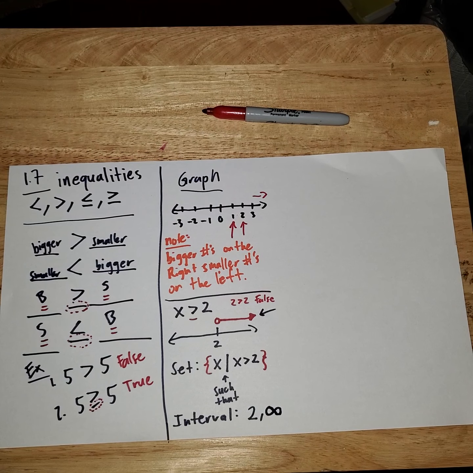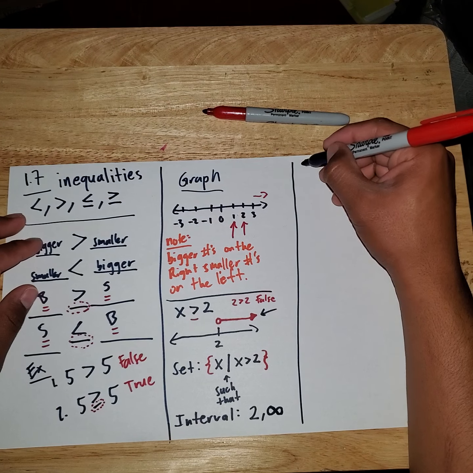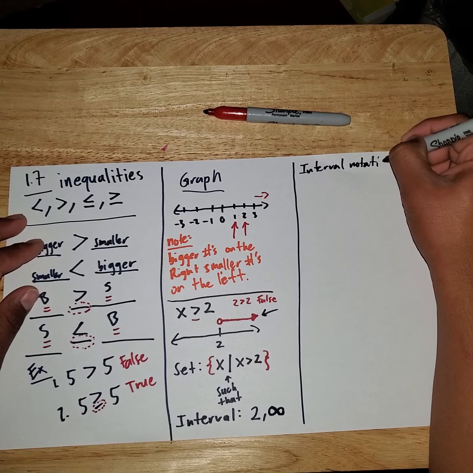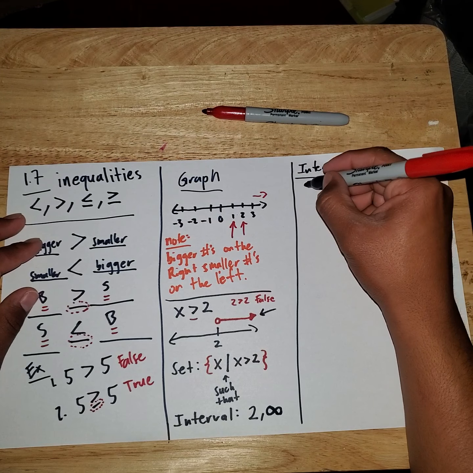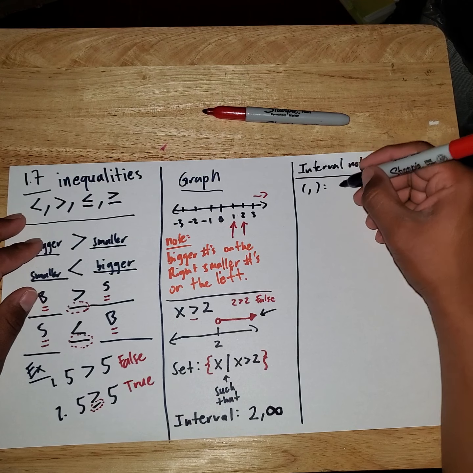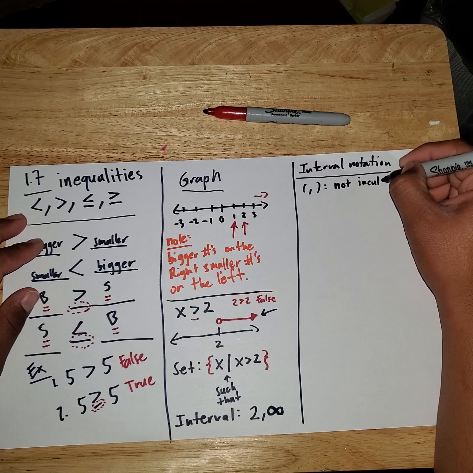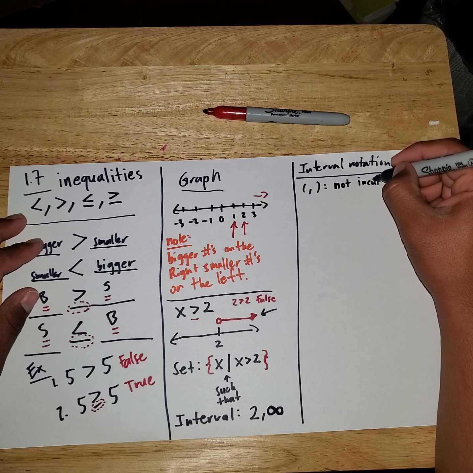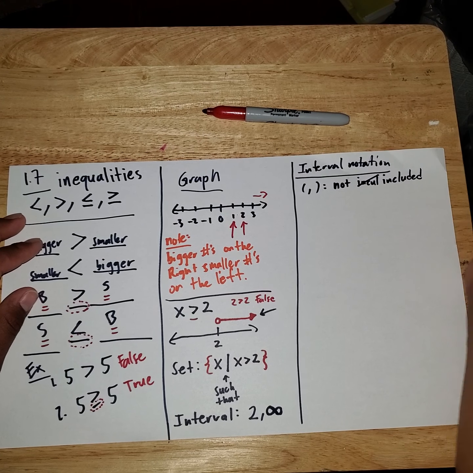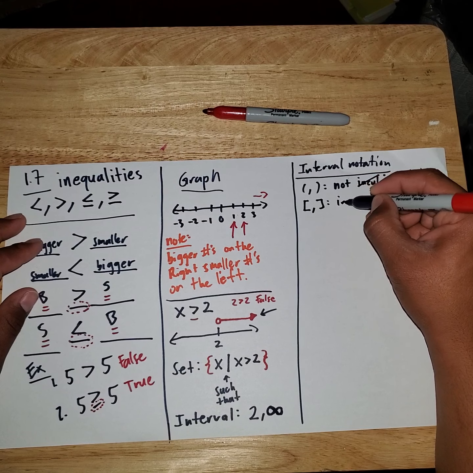But then there's this extra part that we have to remember for interval notation in particular. For interval notation, whenever you're using parentheses, this implies something I like to say, not included, whereas brackets imply included.